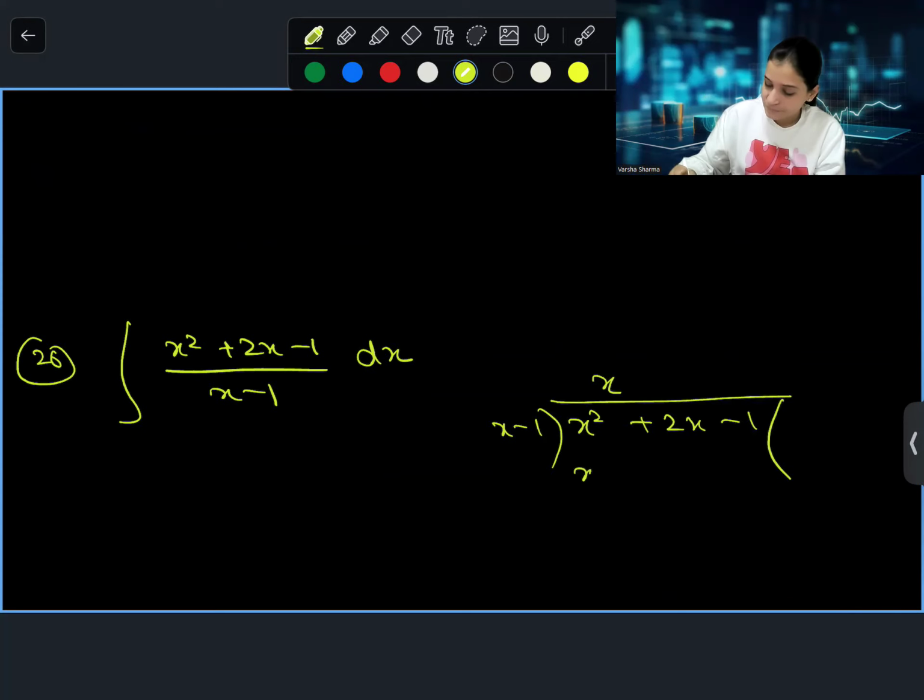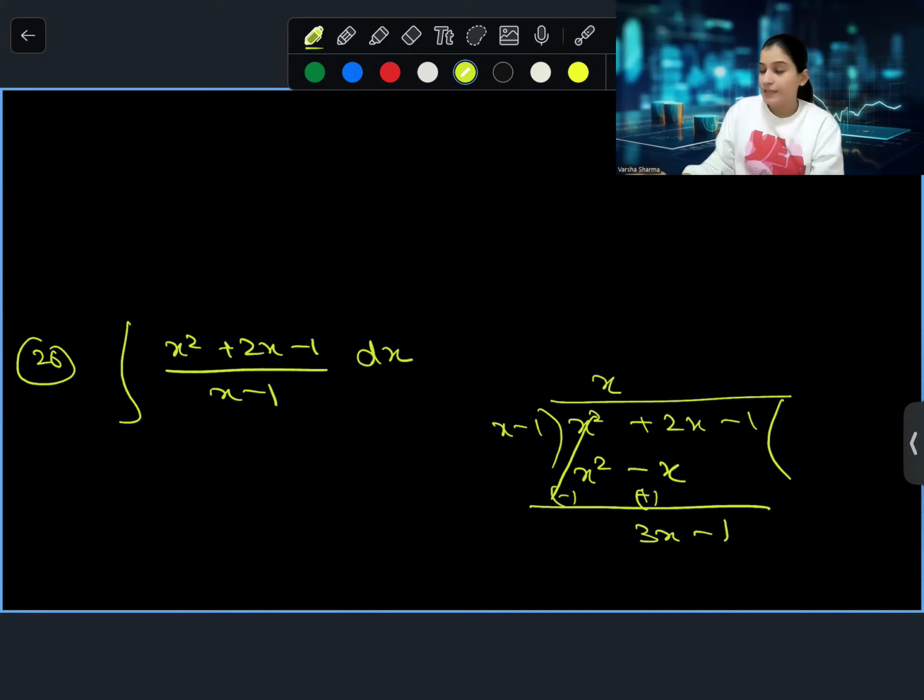X square minus, the sign will always change. Now this cannot be my remainder because the powers are the same. If you are dividing by x power 1 minus 1, your remainder can only be constant. If you are dividing by x power 2 quadratic, your remainder can be either linear or constant, smaller than what you are dividing.